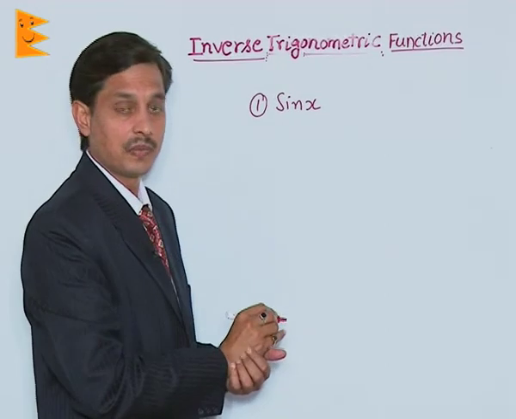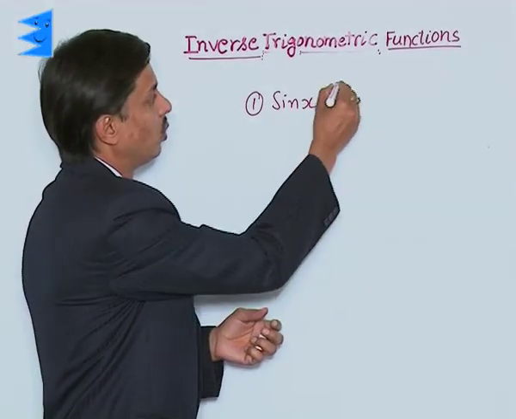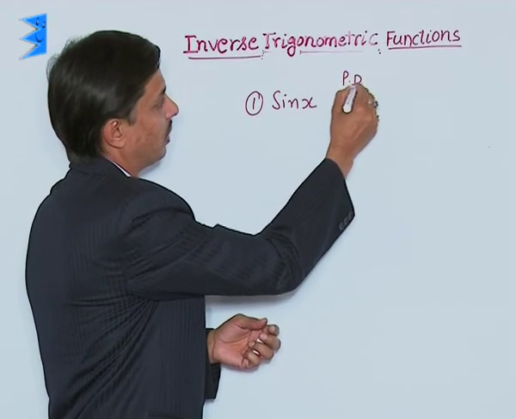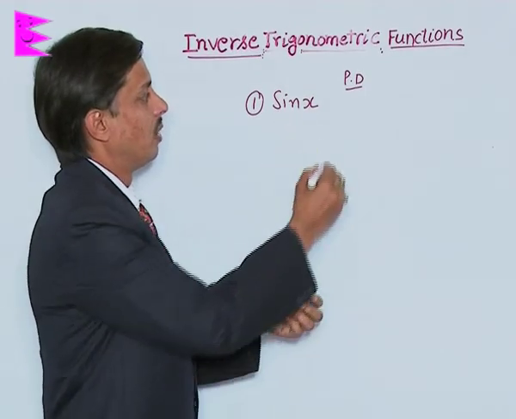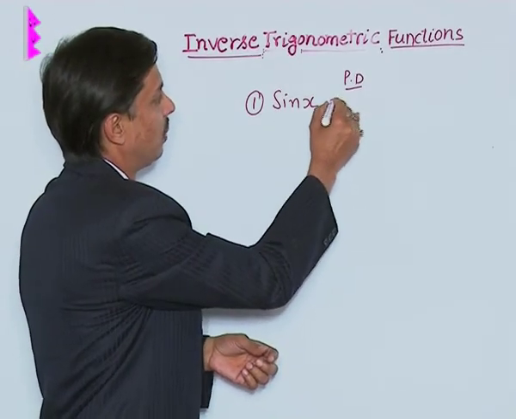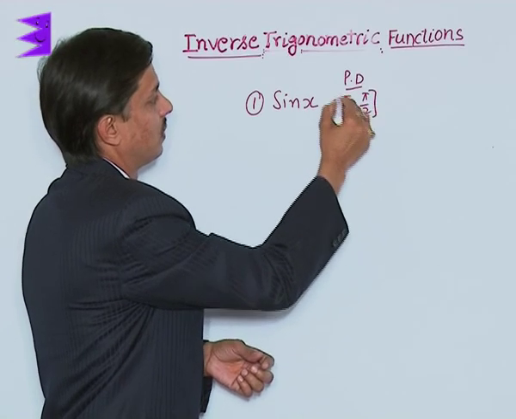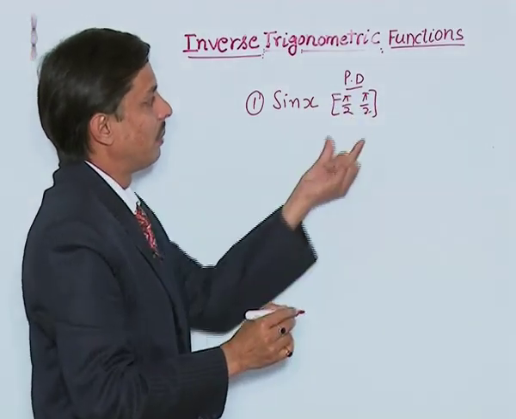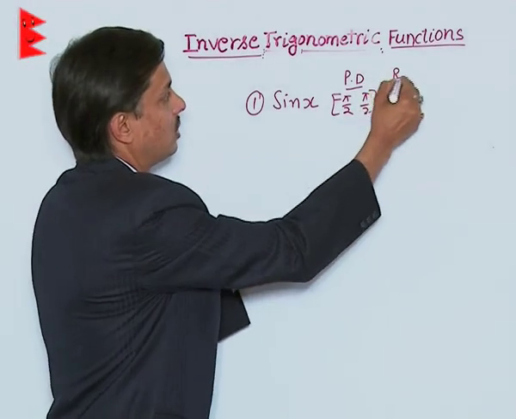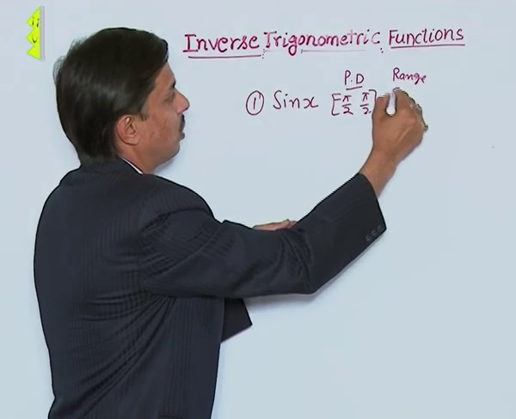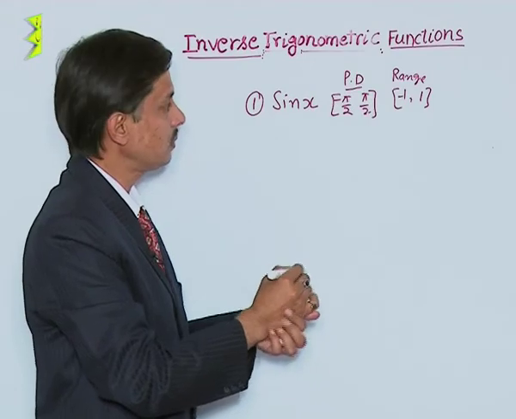If sine x or sine theta is the trigonometric function, then you know its principal domain. The domain of this function is any real number, but its principal domain is minus pi by 2 to pi by 2, because the maximum and minimum values come in this interval, and the range of the sine function is from minus 1 to 1.